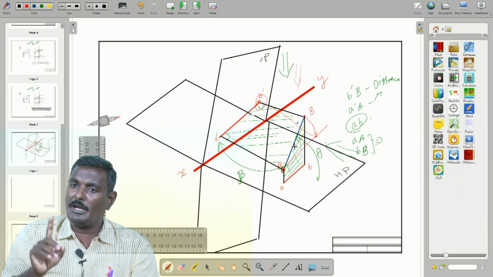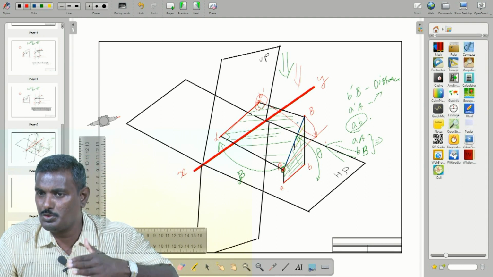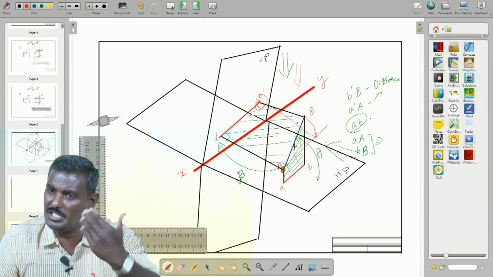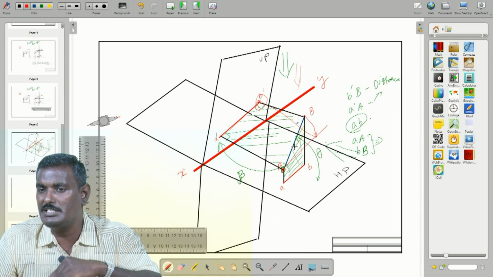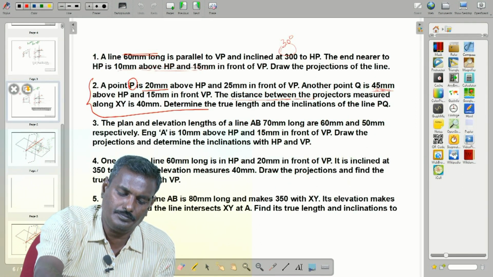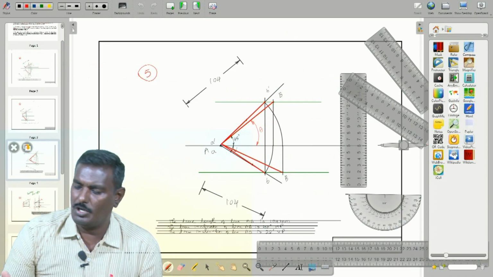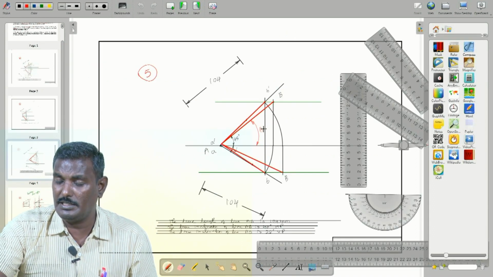So, that is by the rotating line method. So, with respect to xy, above is inclination theta, below is phi, that is the concept.